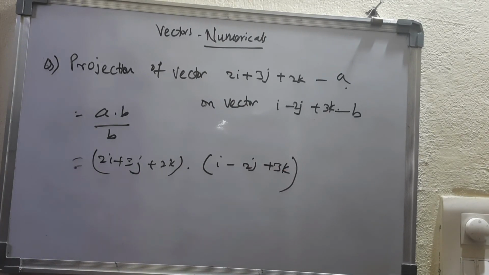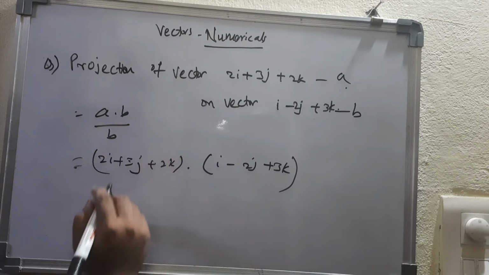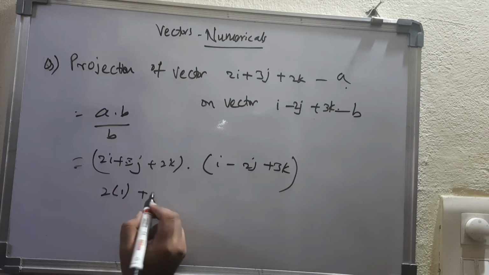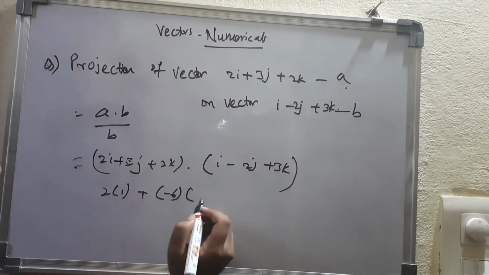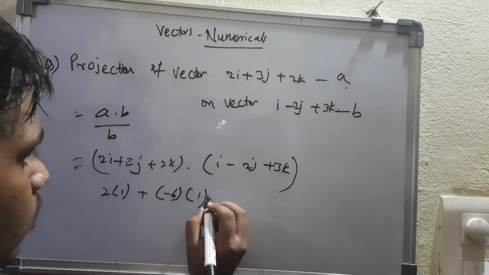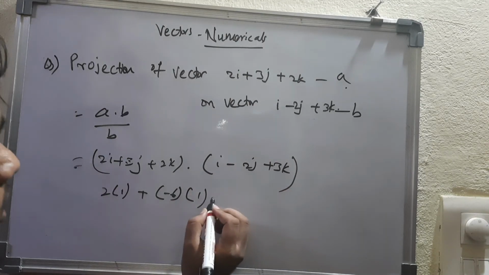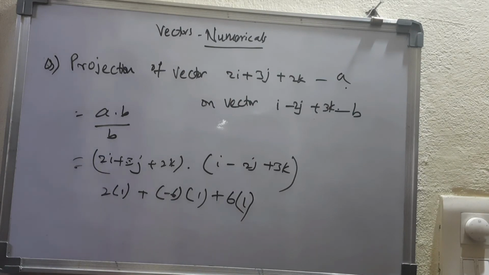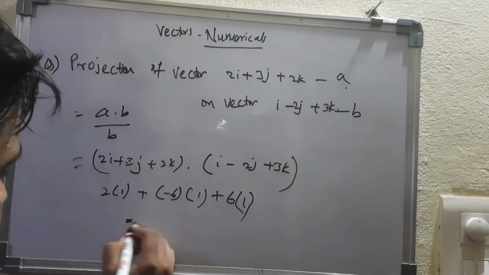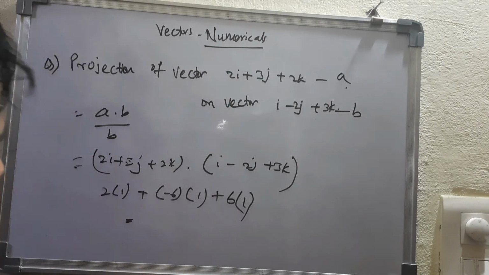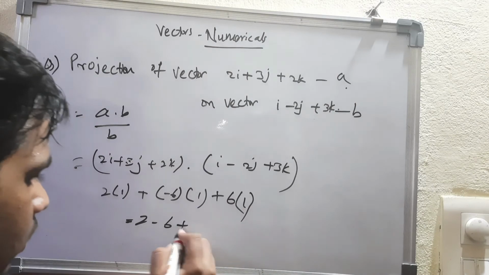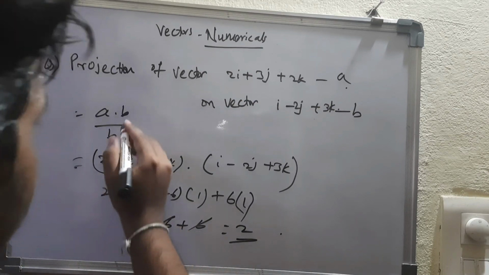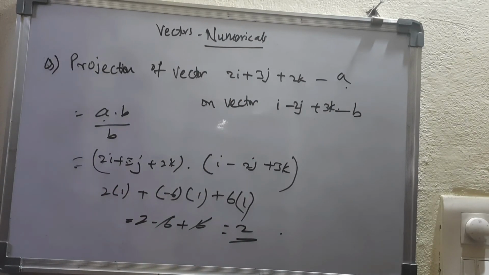Those who don't know the dot product of vectors, we'll do it here. i dot i becomes 1, so 2 into 1, plus 3 into minus 2 becomes minus 6, j dot j becomes 1, plus 2 into 3 which becomes 6, k dot k becomes 1. Which is 2 minus 6 plus 6, that is 2. This is A dot B.